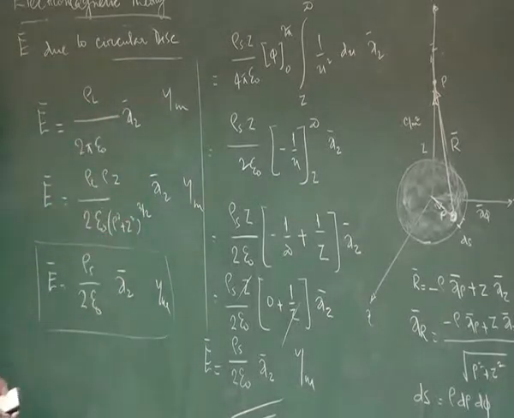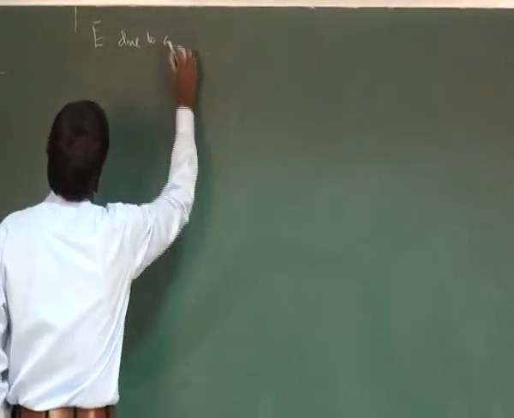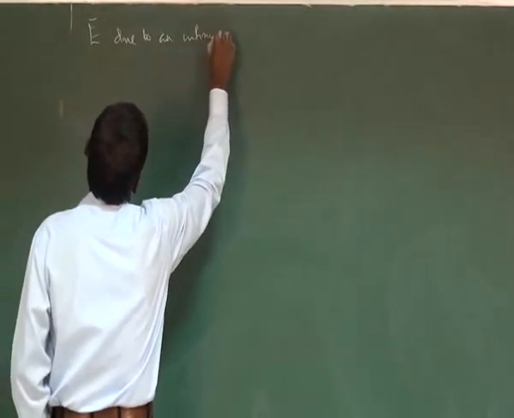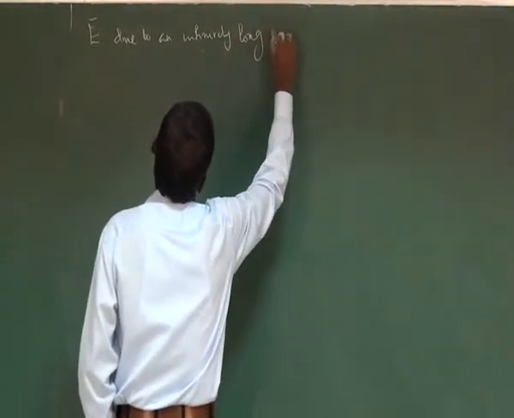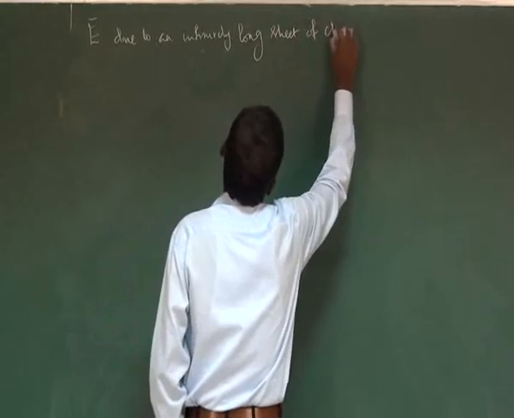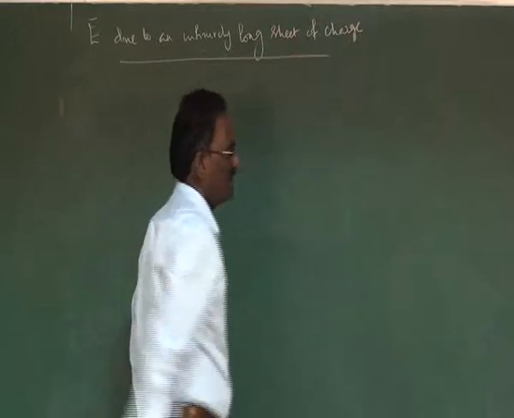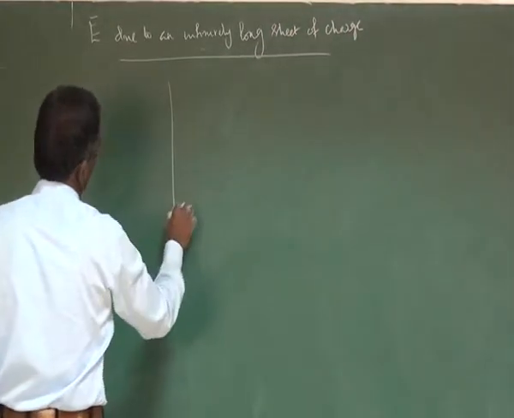Okay. Next topic is E bar due to an infinitely long sheet of charge. In the previously considered case, it is a disk, it's a sheet of charge. Okay.